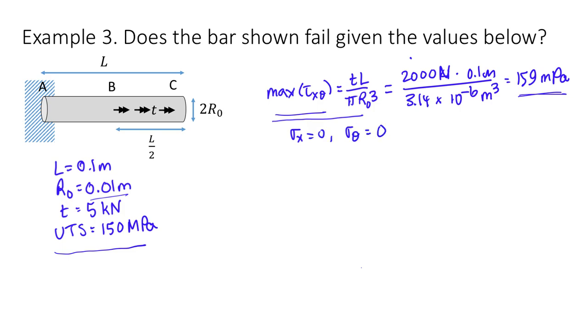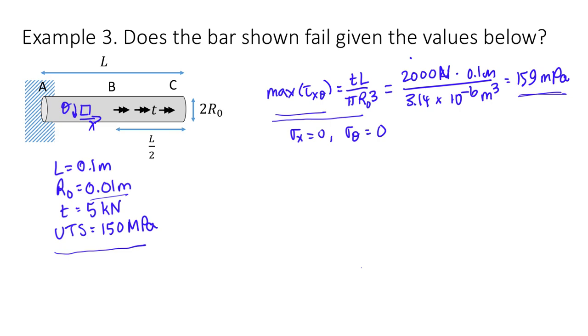We were used to seeing sigma x and sigma y, but now we're in the x theta r coordinate system. And the shear stress we're talking about is a unit here on the surface of that. That is what gets sheared when we twist the bar. And so it's the x and theta coordinate system that matters, and that's why I pointed out those two. But it really doesn't matter what we call them because they're 0 anyway.